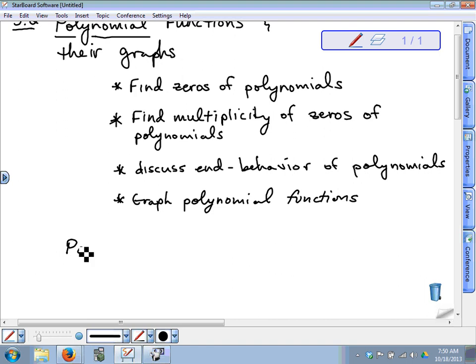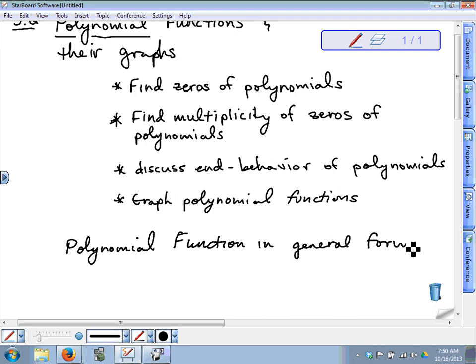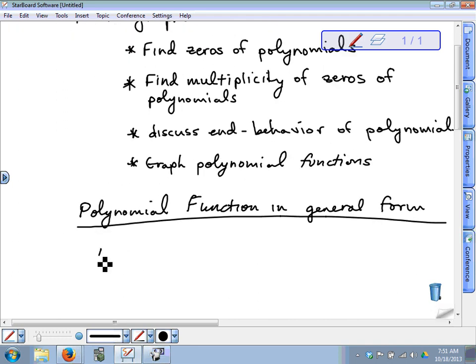Polynomial function in general form will look something like this. They use p of x instead of f of x.